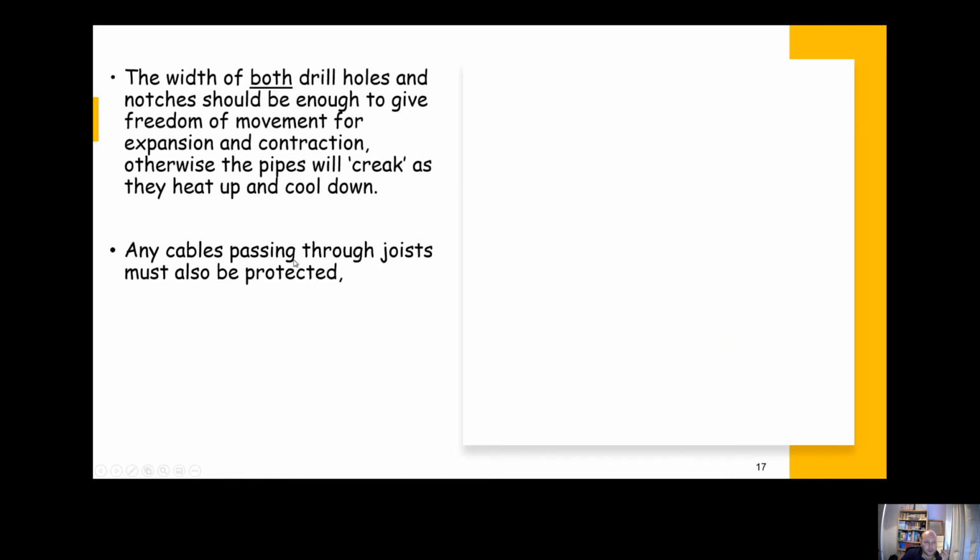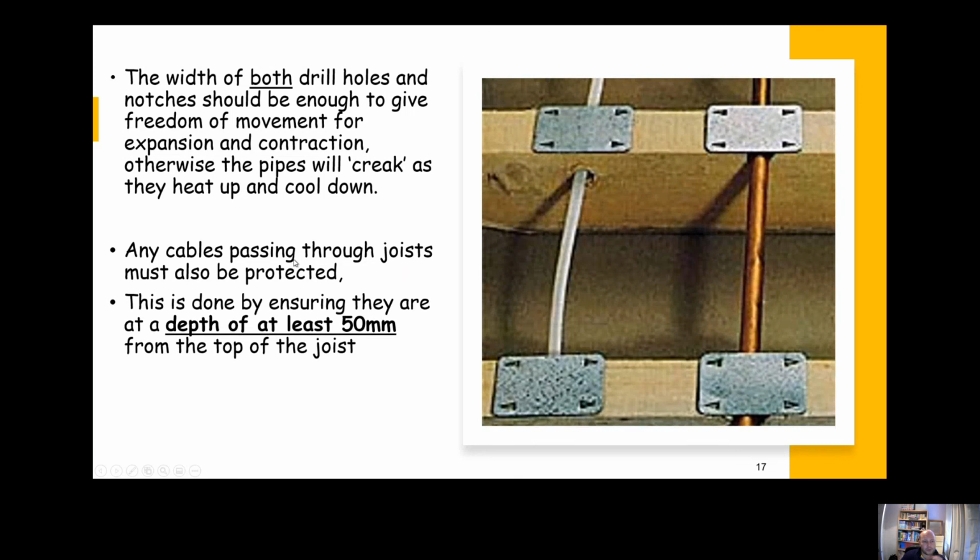Key bit of information: the width of both the drill holes and the notches should be big enough to give freedom of movement, because pipes will expand and contract. Quite often, if pipes are clipped too tightly against the joist, they will make an expansion and contraction noise as they heat up and cool down.